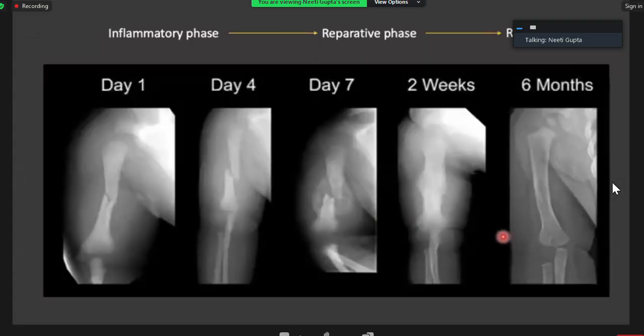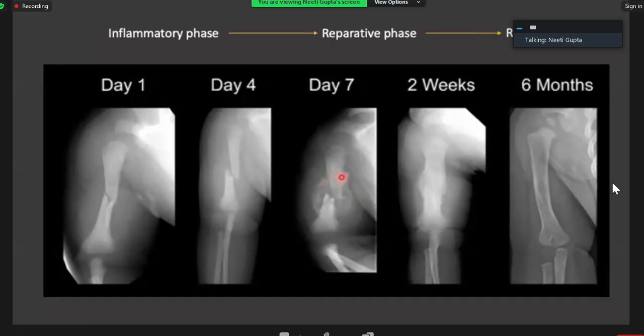Finally, just touching upon fracture healing. Pediatric fracture healing follows the same process or steps as adults, just that it is a little faster. Within just around 1 week, you might see florid callus formation in the reparative phase, which is a normal phenomenon.